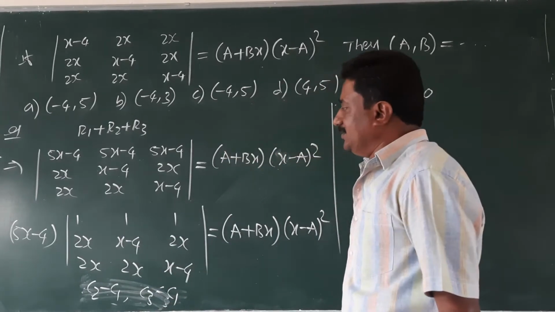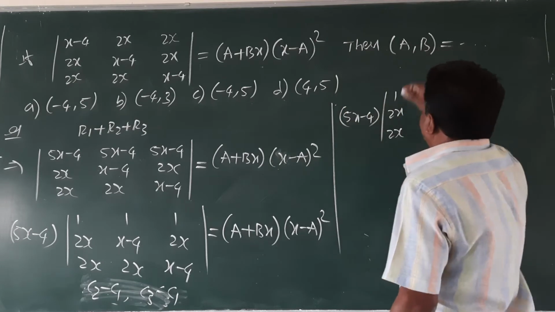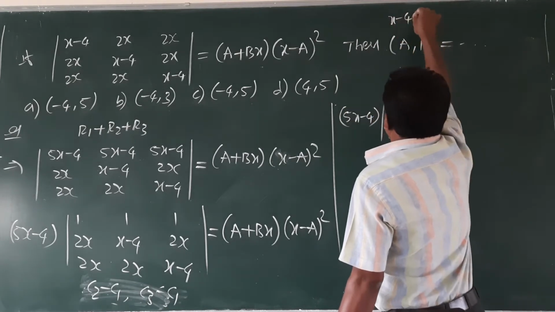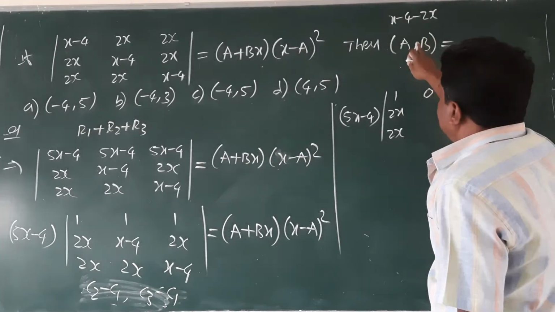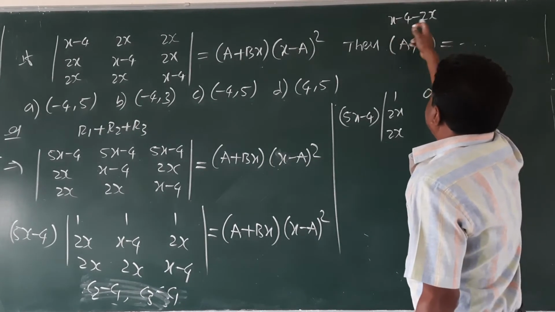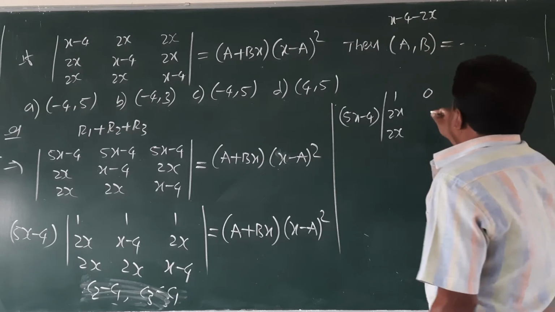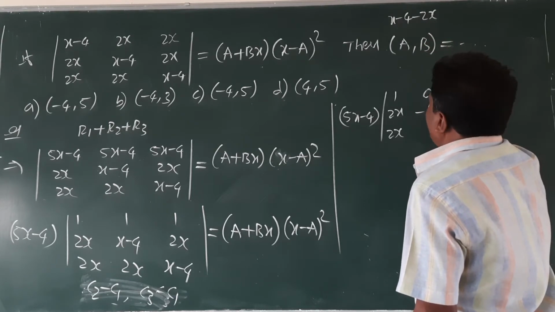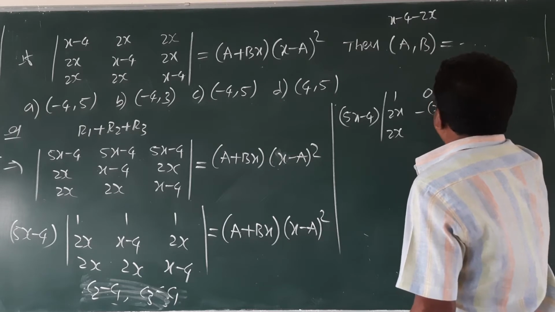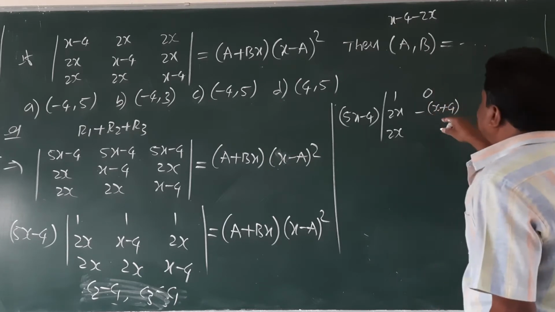Minus 2x, that is x − 4 − 2x. So tell me, students, that is −x − 4, which is −(x + 4).